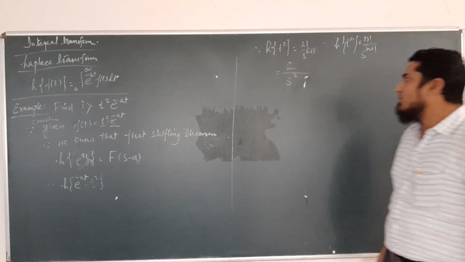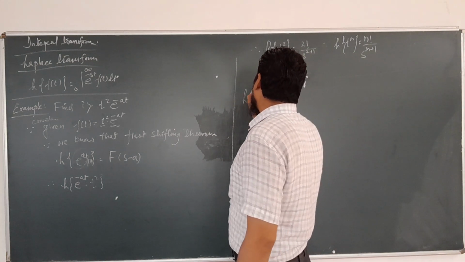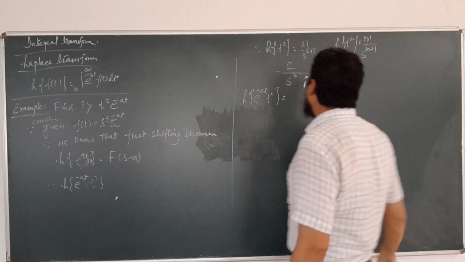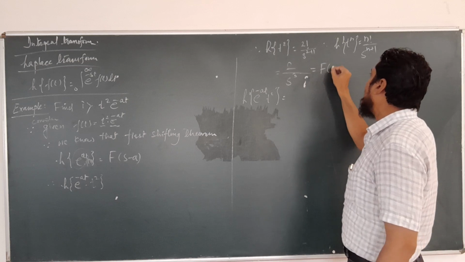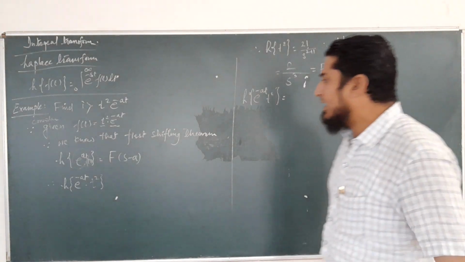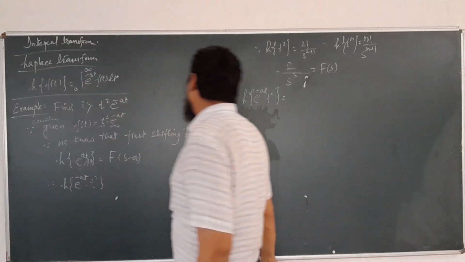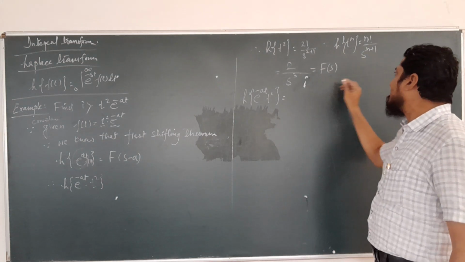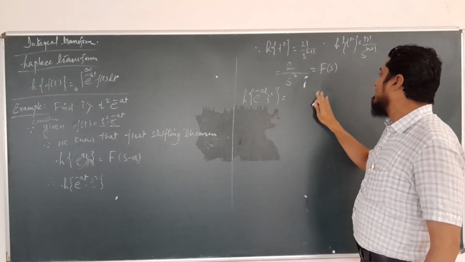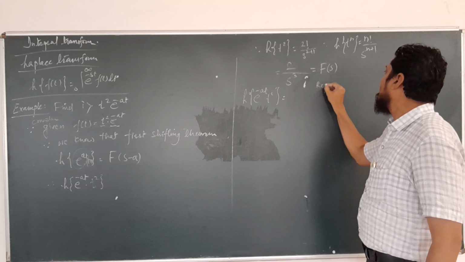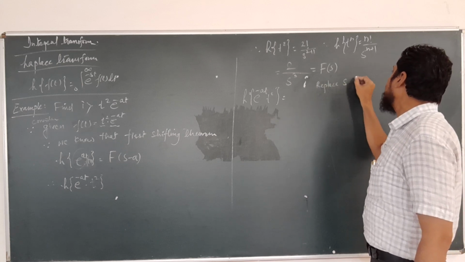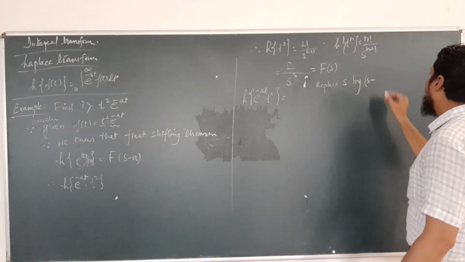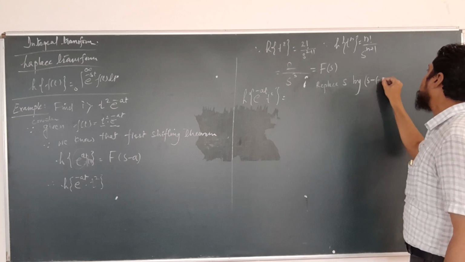Correct. Now, if we want to find the Laplace transform of e raised to minus at times t square, it becomes f of s with the s parameter replaced by s minus the power of e, and the power of e is minus a.